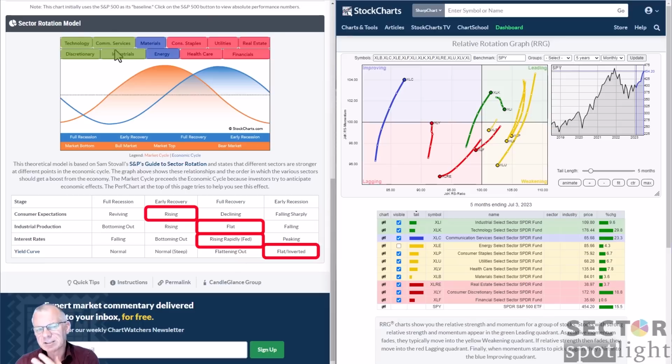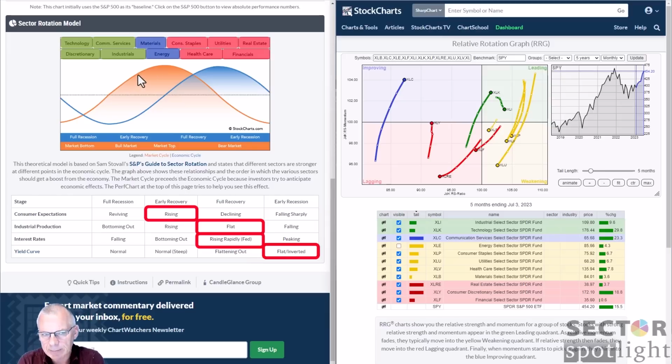So the fact that these sectors are doing well is pointing to the economic cycle being in an early recovery phase and putting the stock market in a bull market. Combining that with the macroeconomic indicators that are leaning a little bit more towards full recovery and market top, I'm going to put us on the way to the market top. But again, this is a long-term model. It could be months before we reach that market top.